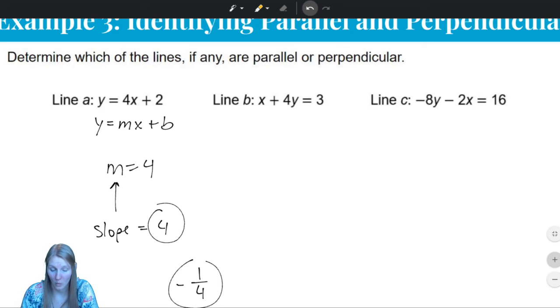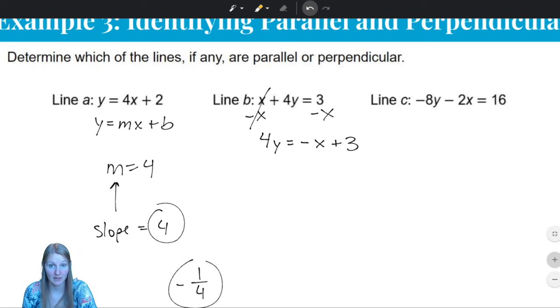If I want to get y by itself, it means that I need to move the x over to the other side of the equation. So I'm going to need to subtract x from both sides, and I get 4y equals negative x plus 3.